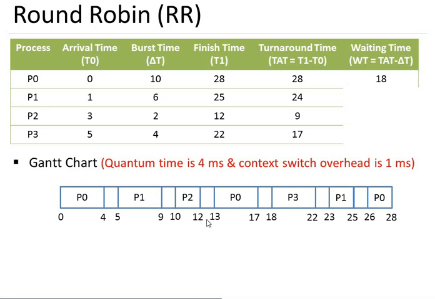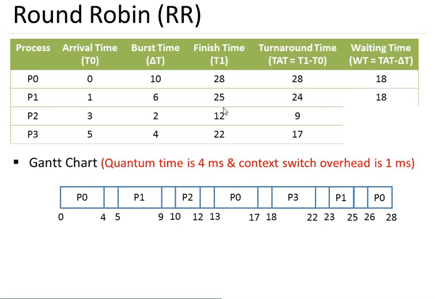From 4 to 13 it is waiting. After that, from 17 to 26 it is waiting. So 28 minus 10, a total of 18 units it spent in waiting.